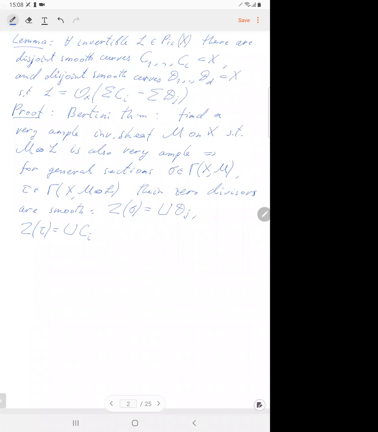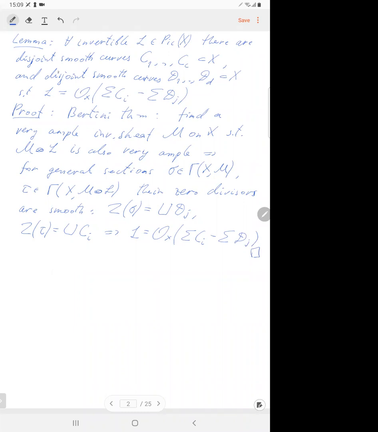And that's it. Okay, so this lemma is proved, and it will allow us to compute this pairing, just similar to what we did last time. So no new ideas are required.